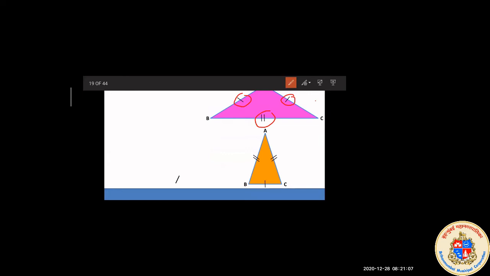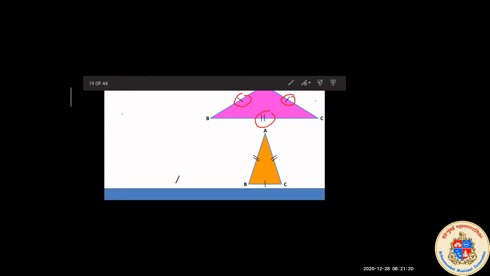We can say length AB is equal to length AC, but it is not equal to BC.